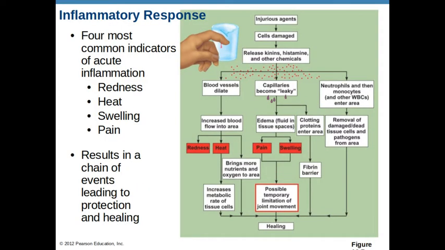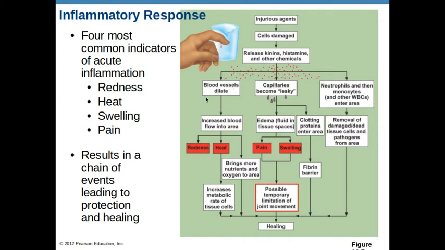This is a different visual of the inflammatory response, and it's got this flow chart way of looking at things, which is really cool because it talks about the injury and how we have damage to the cells. When your body is in this defense mode after it's been wounded, like you can see right here, there are these really cool chemicals released: kinins, histamine, and other chemicals, and those chemicals go to different parts of the body and do different things.